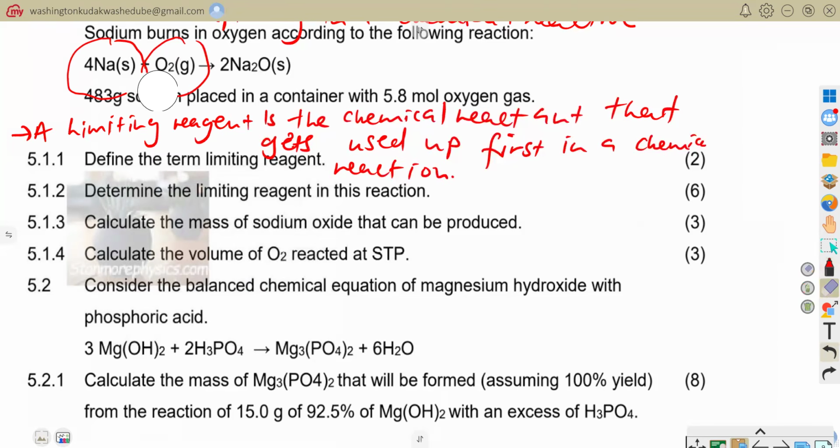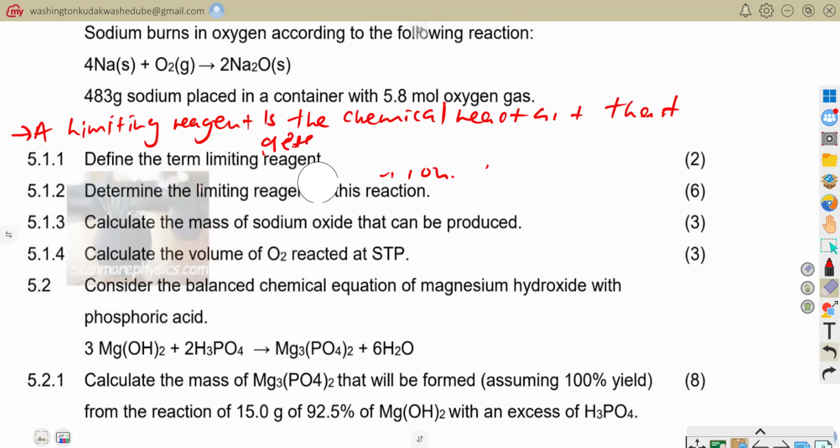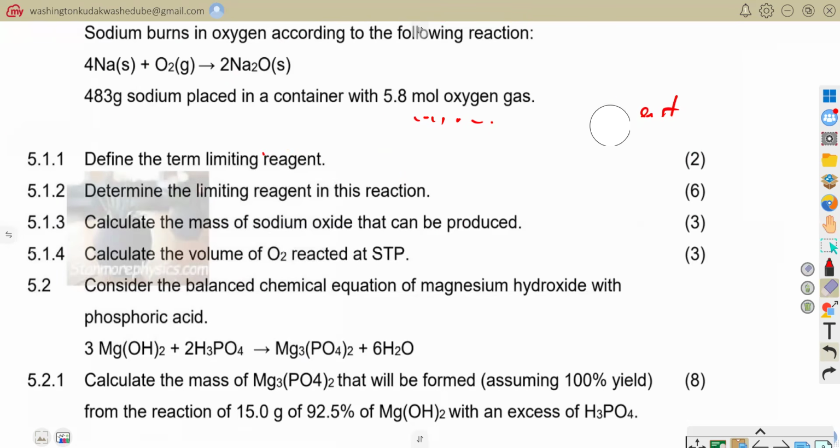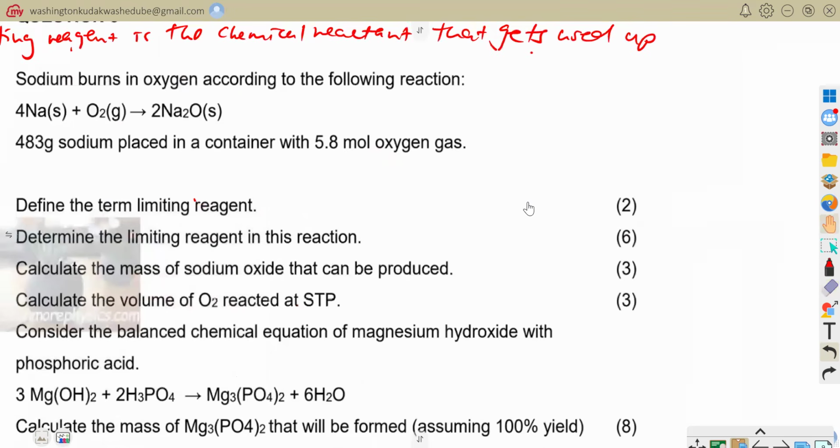And then, in accordance with the balanced reaction, we need to determine the number of moles of sodium required by oxygen, as well as the number of oxygen moles required by sodium. And then we see which one has fewer moles available for the reaction.